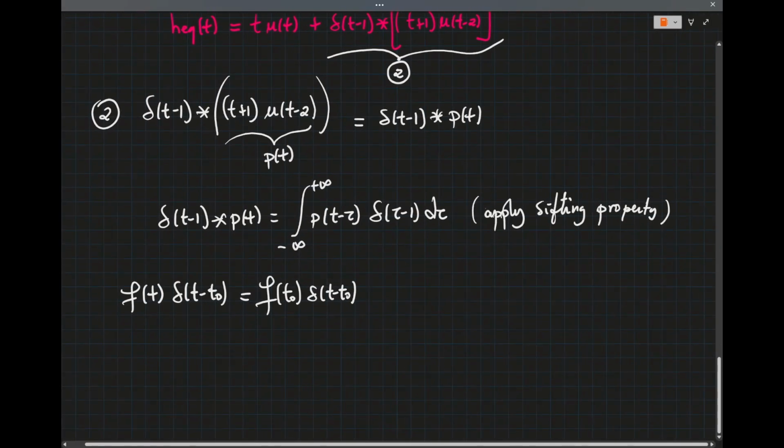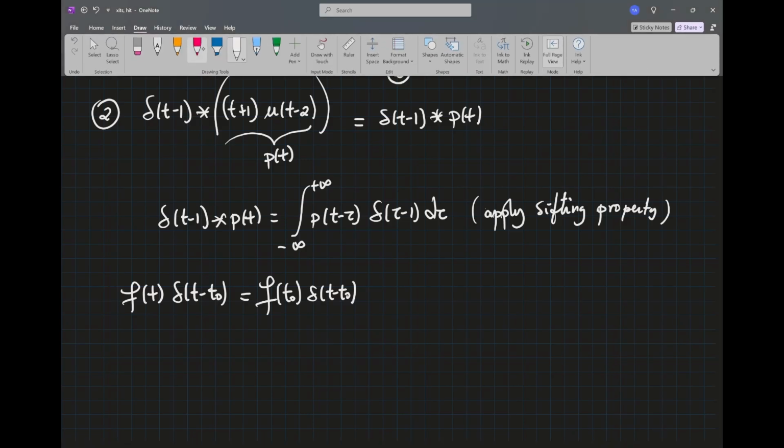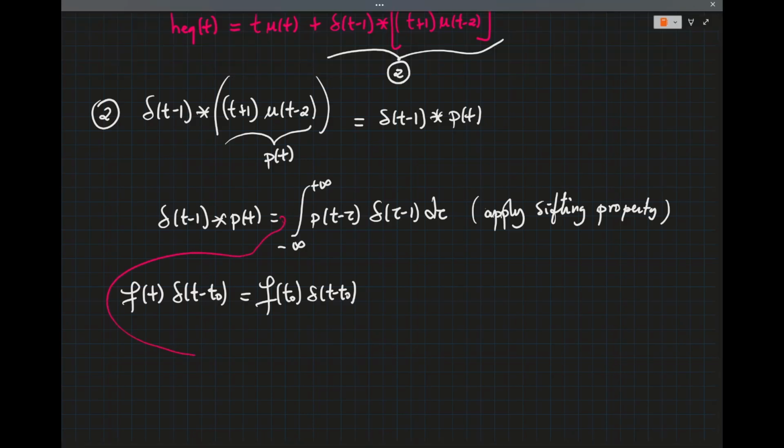So I am going to use that here. The integration variable is tau, so tau minus 1 equal to 0, so tau equal to 1. That means my t0 equals 1. So I will have the integral from negative infinity to plus infinity of p of t minus 1 times delta of tau minus 1 d tau.